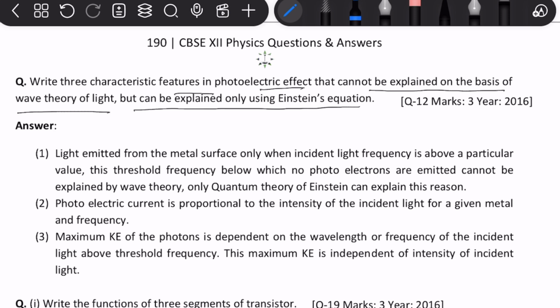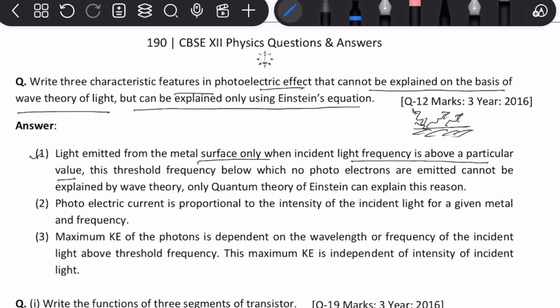First, light is emitted from the metal surface only when incident light is above a particular frequency. Okay, so suppose this is the metal surface. Whatever be the intensity of light, if it meets a particular frequency called threshold frequency, or is above that frequency, then only photoelectrons are emitted from the surface.